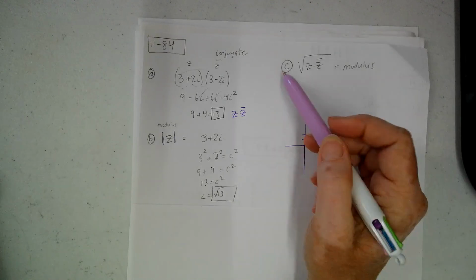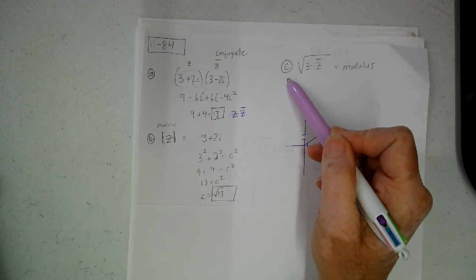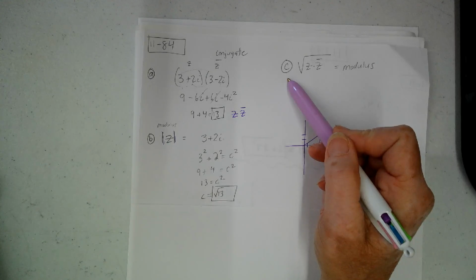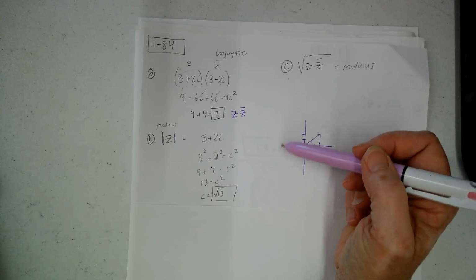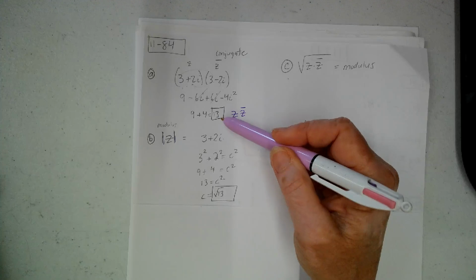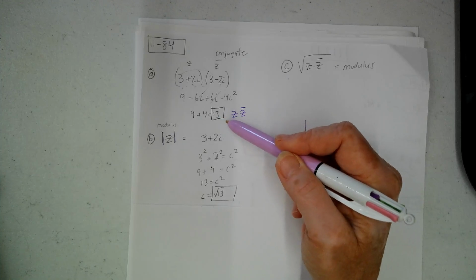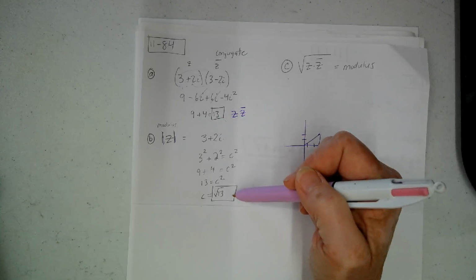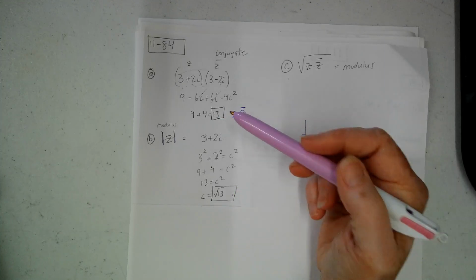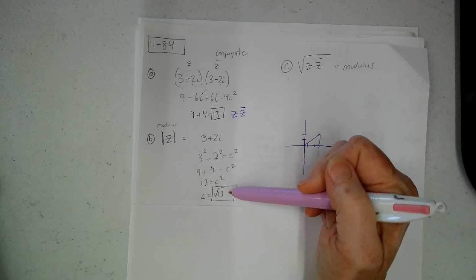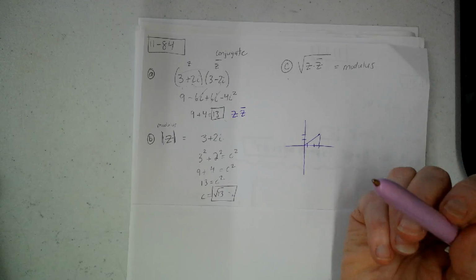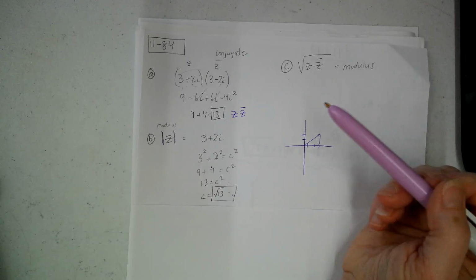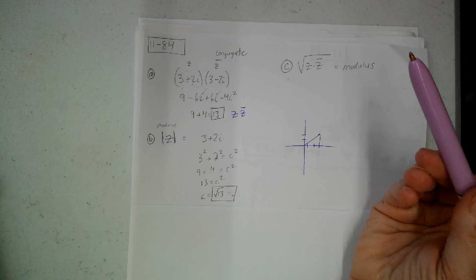Then 11-84 letter C says, how are your answers related? When I multiplied by the conjugate in letter A, I got 13, but when they asked for the modulus, I got root 13. So the modulus is just the square root of the product of z and its conjugate.